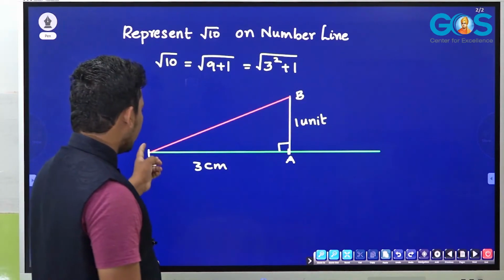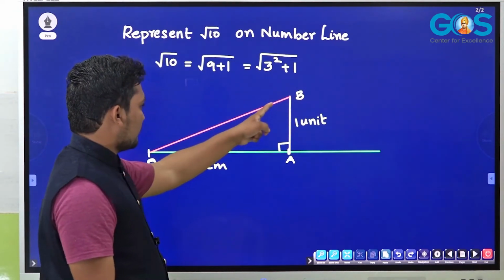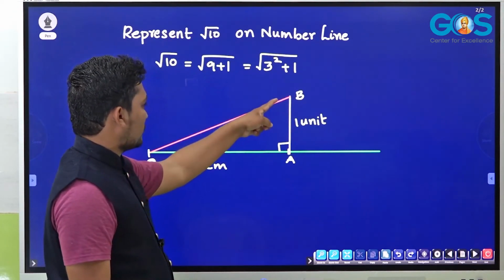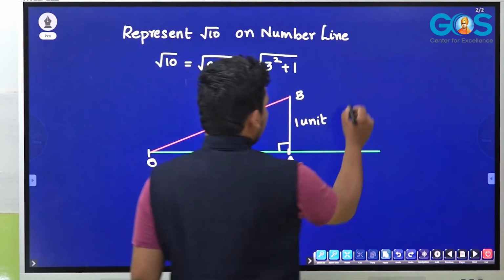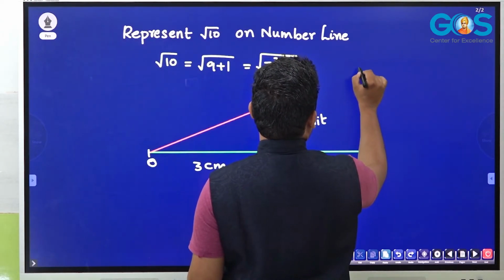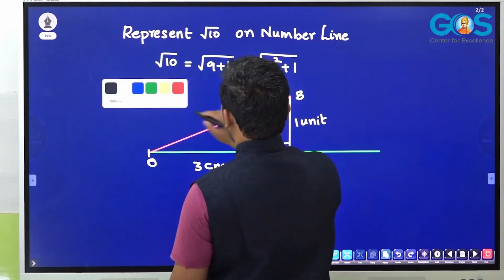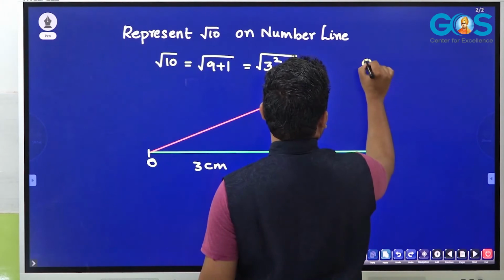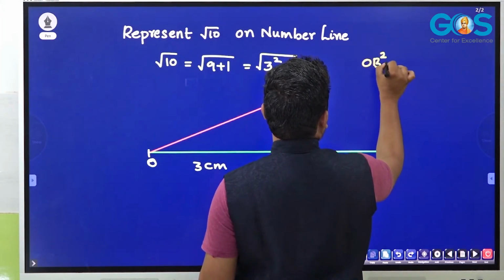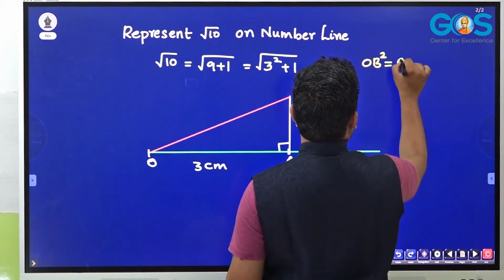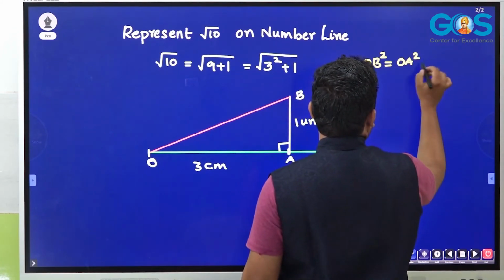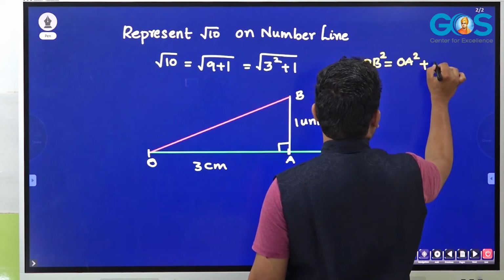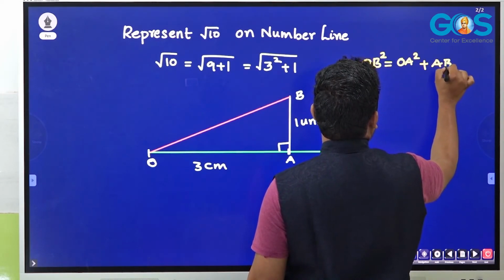Then by using the Pythagoras rule, let us find out the side OB. Square of the hypotenuse is equal to the sum of the squares of the other two sides. OB square is equal to OA square plus AB square.